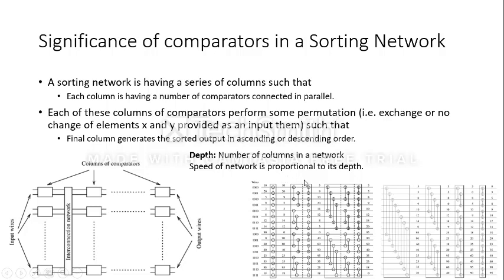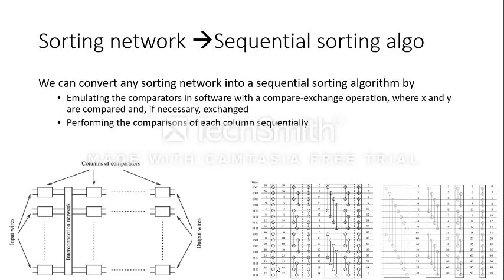So if the depth of the sorting network is large, the speed of the network will also increase, because multiple operations are executed simultaneously in each column, and in this way the whole process continues.